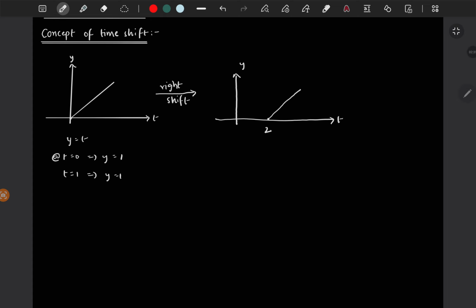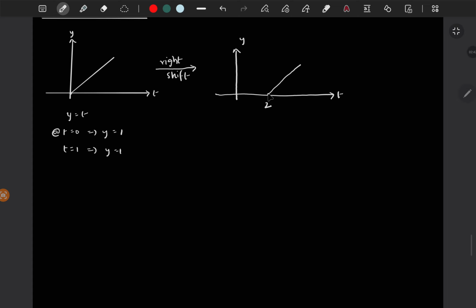Then how do we write this equation? Here the y-axis values did not change, but the time axis is changed. So at t is equal to 2, now we are getting 0, and at t is equal to 3, we have to get 1, because the same shift was happening here also.